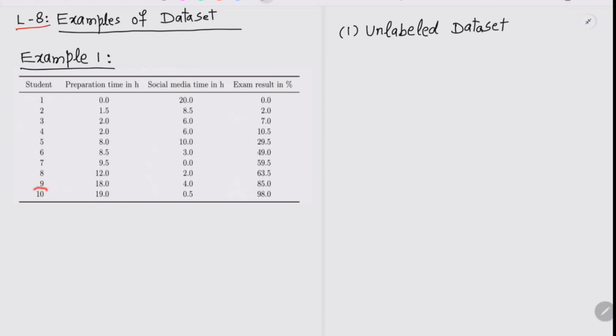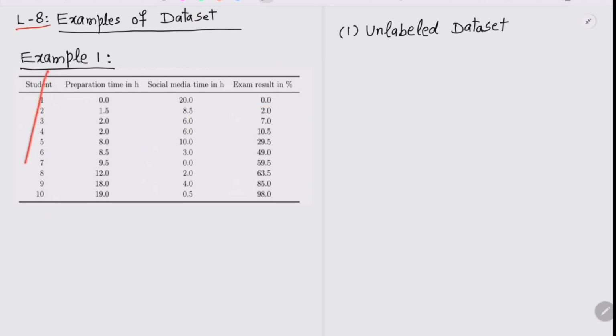For example, student number 10 is not someone who is last, although that student is getting very good marks. And student number one is not unintelligent, nor someone getting full marks, although he or she is getting 0% marks.